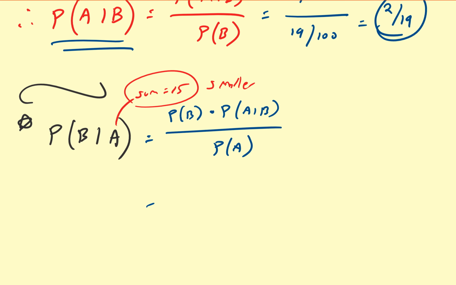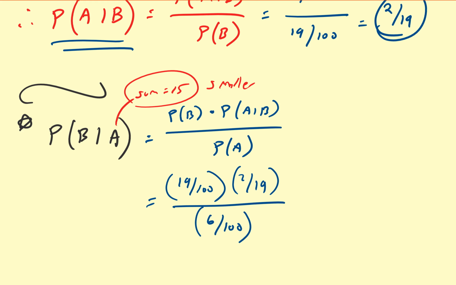So I'm just going to substitute all these things in here. The probability of B is 19 over 100. The probability of A given B is 2 divided by 19. The probability of A is 6 out of 100. And let's see what we have here. These 19s are going to eliminate. These 2s are going to eliminate with the 6, leaving us with 3.